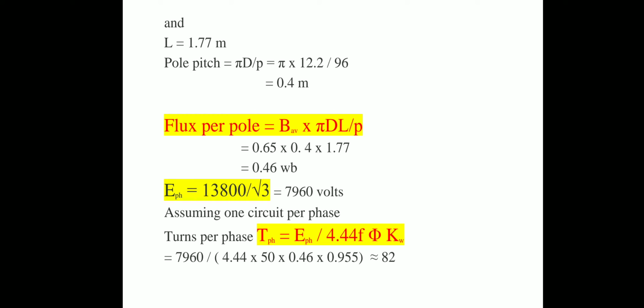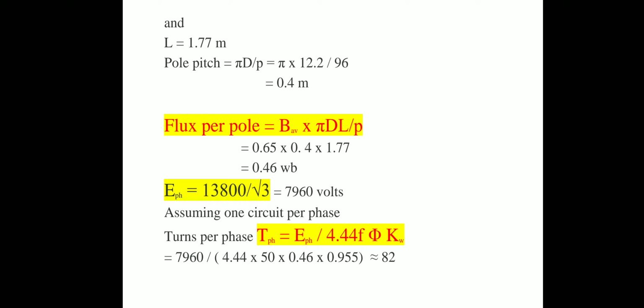Now pole pitch is equal to pi D upon P, which is pi into 12.2 upon 96, that is 0.4. We also know the relationship for flux per pole is equal to Bav into pi D L upon P. Put the values, calculate, the flux is 0.46 Weber.